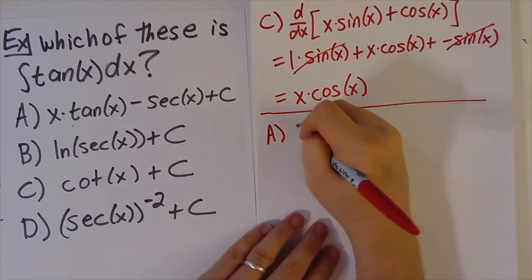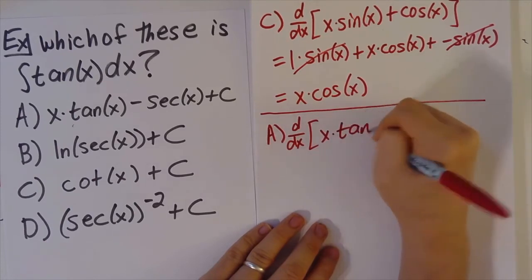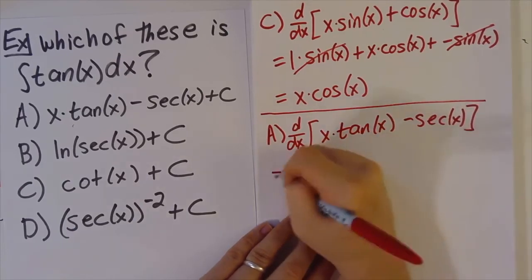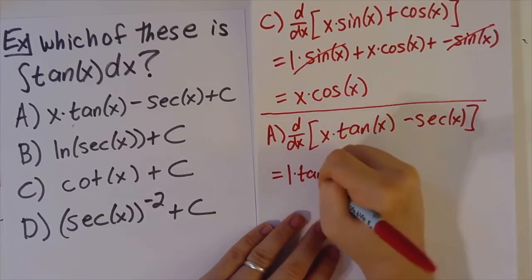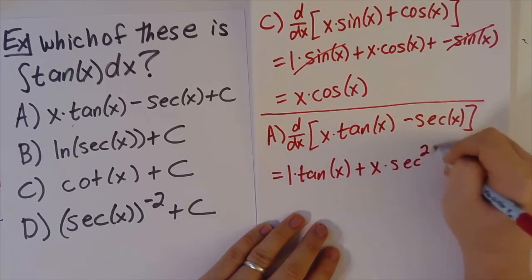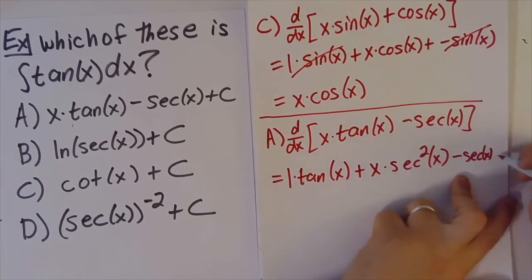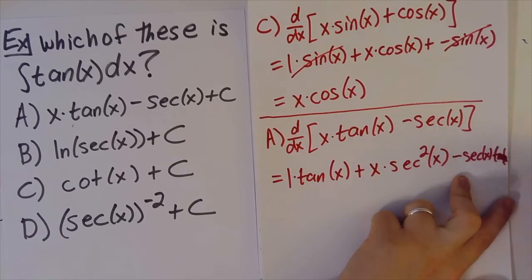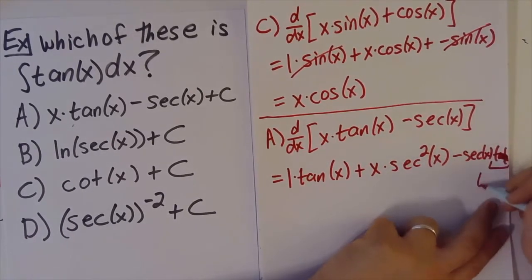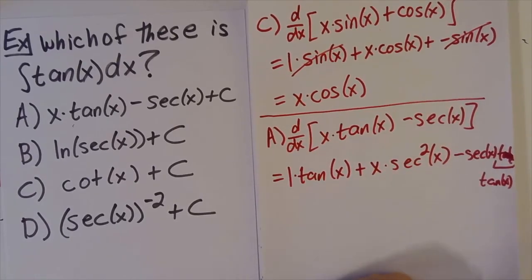Maybe I'll get lucky. So the derivative of x times tangent of x minus secant of x is, okay, 1 times tangent of x plus x times secant squared of x minus secant of x tangent of x.